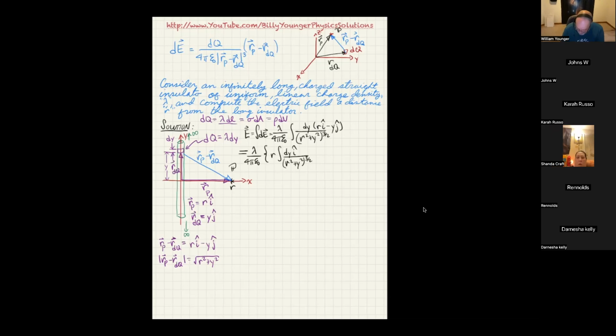That's my x component. Minus, I'm going to put the y out front as well. Oh, I can't put the y out front because that one's actually an integrand. So I'm going to leave that. I'm going to say the integral of y dy j hat, all that over r squared plus y squared to the 3/2. Okay.